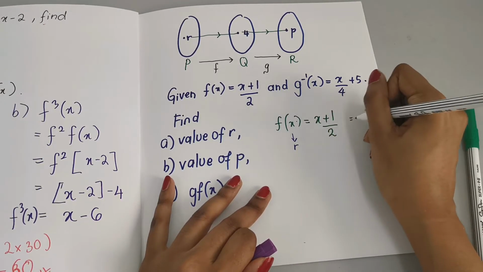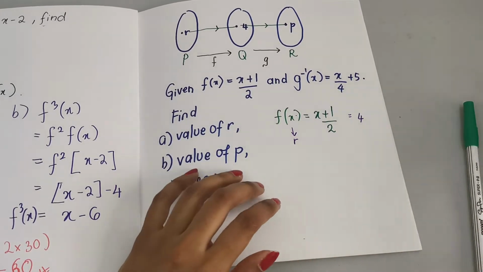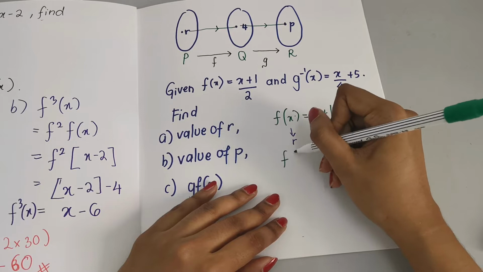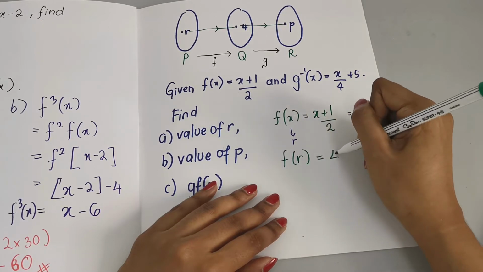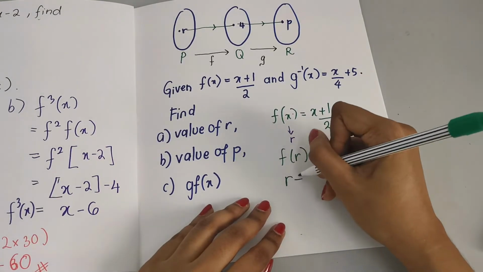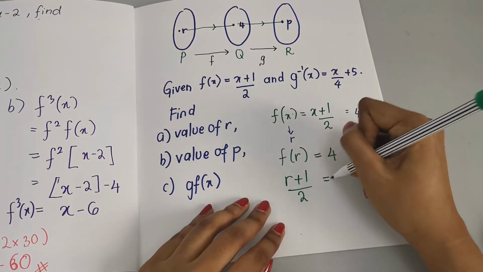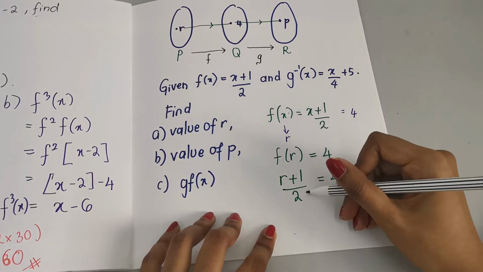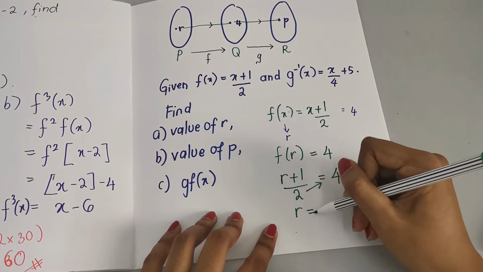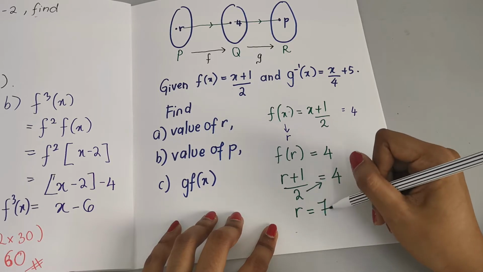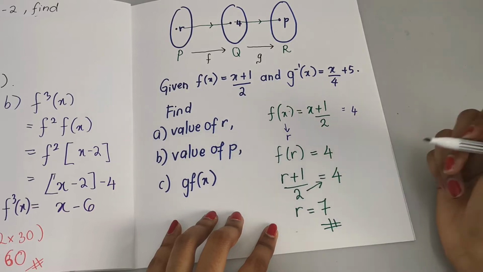This is how we rewrite: f(r) is equal to 4. So what is f(r)? We substitute (r plus 1) over 2 equals 4. From here we can find the value of r. We cross multiply, r plus 1 equals 8, 8 minus 1 is 7. So we found the value of r.